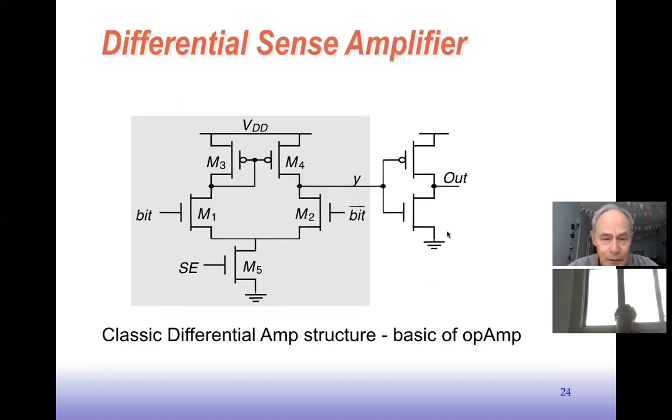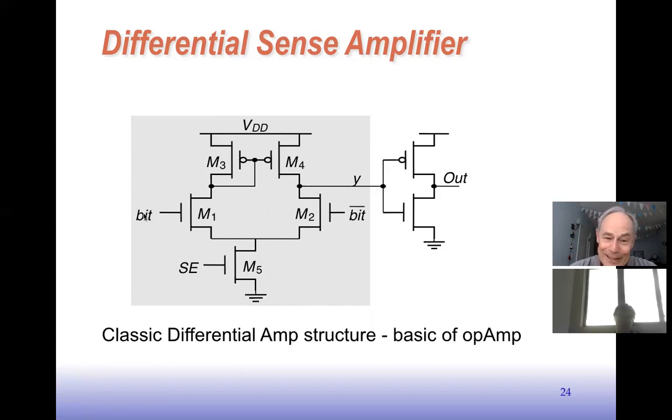So a typical way to do that is to use an amplifier that's shown here. This is a differential sense amplifier. If you've ever taken an analog course, you should recognize this. It uses a differential pair here with a current source and some pull-ups. This is really a classic differential amplifier structure. It's a basis for operational amp, if you're familiar with those. If not, don't worry about it.